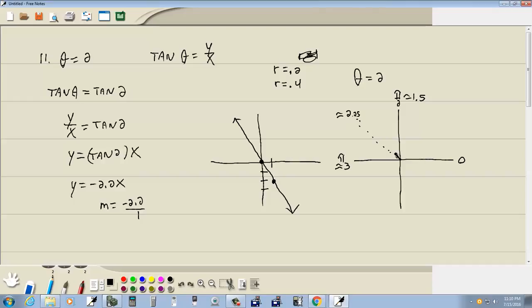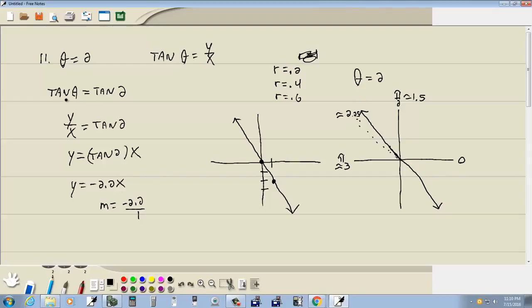It's actually any value, which will go out like this. When you start including all the different possibilities, all of a sudden it becomes a straight line. And the straight line accounts for any value of r. So when they just give you a theta is equal to 2, it's always a straight line at that angle, like this.